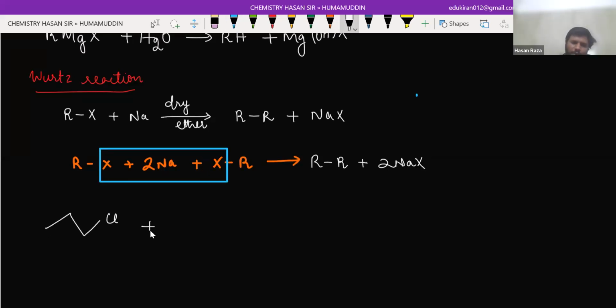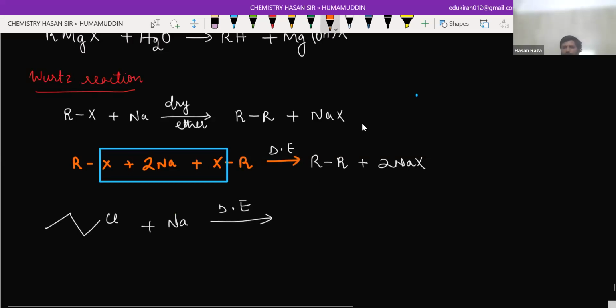You will not be able to prepare a hydrocarbon which contains an odd number of carbons because it is doubling. If you have an even number of carbons in the alkyl halide, it will be even after doubling. If you have an odd number, after doubling it will also be even.